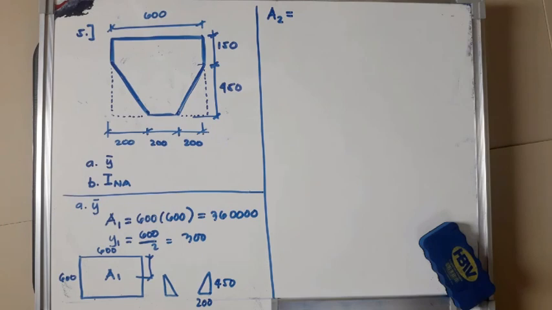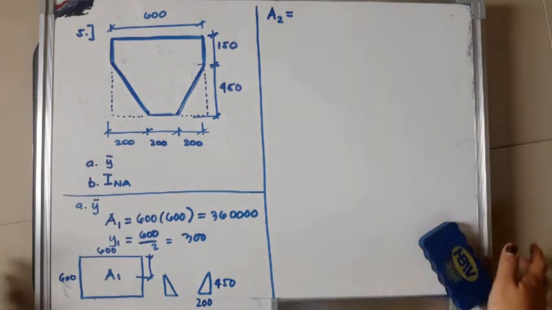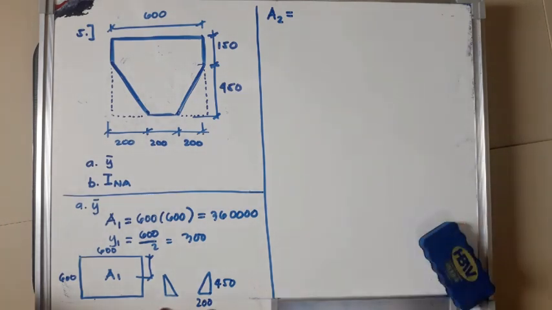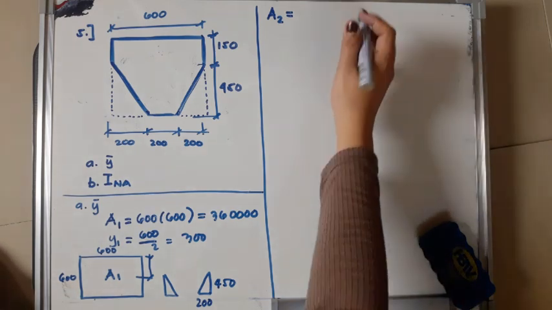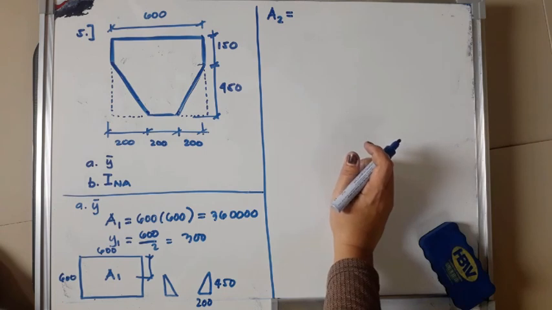Next, our area 2. We can combine these triangles as area 2 because they have the same dimensions and they lie on the same location. Okay? So they have the same y with respect to the top of the section. That's why I combine them into A2. So our A2 will be, what's the formula for a triangle?